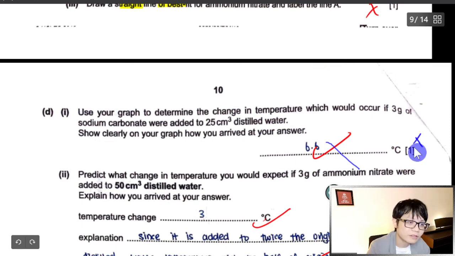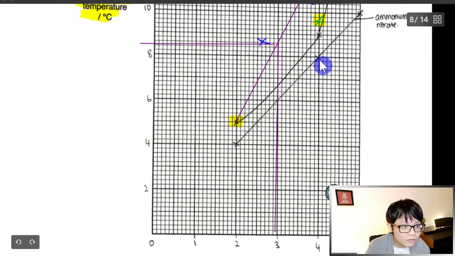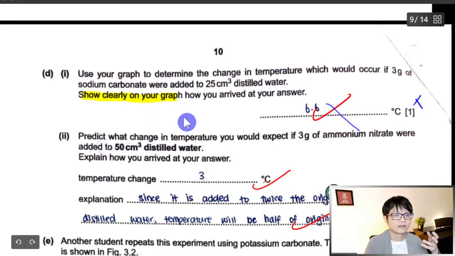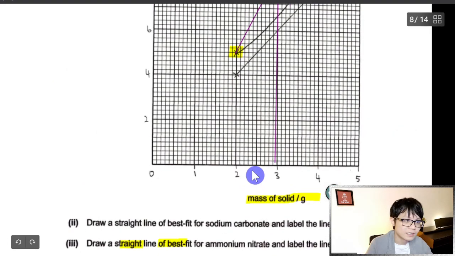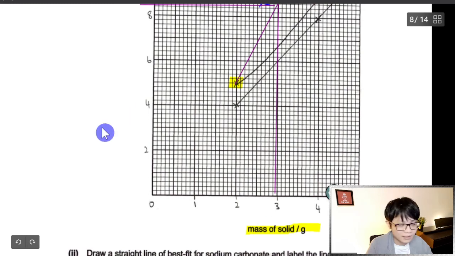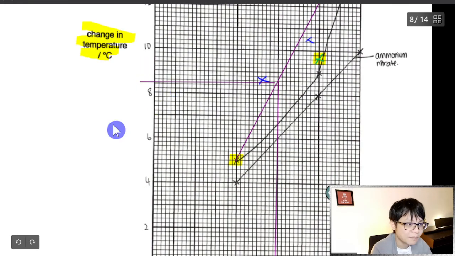And one more thing, you see this one, show clearly on your graph paper. You can see the student didn't show anything, so you don't even get a mark for this, because the question says show clearly on your paper. So what you need to do is use a pencil, and draw a bit bigger. You need to draw a straight line here, go up, and then a line going here, and let's say the answer is 8.4, for example, 8.4 Celsius.